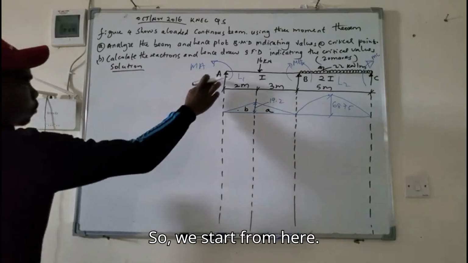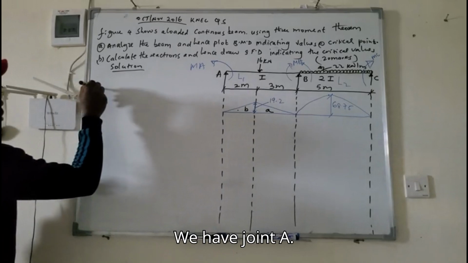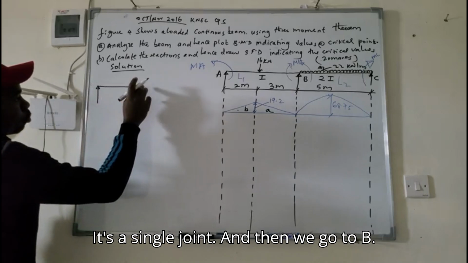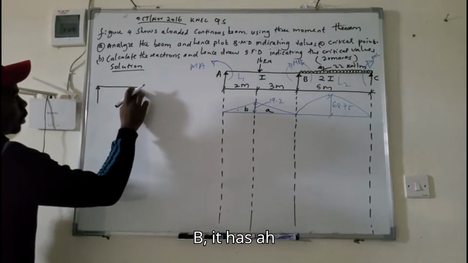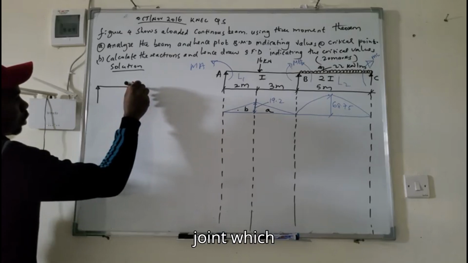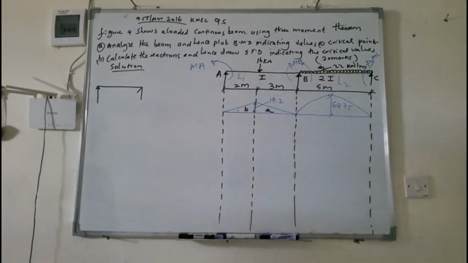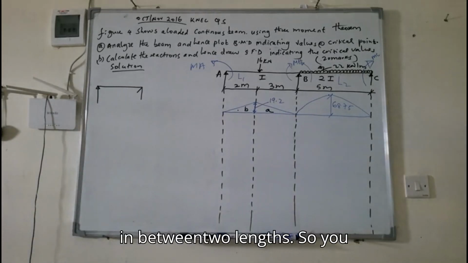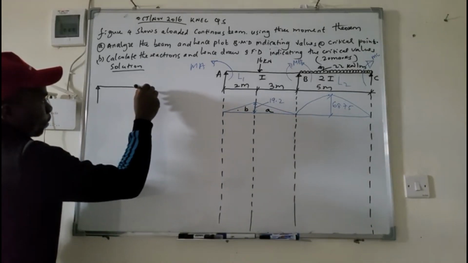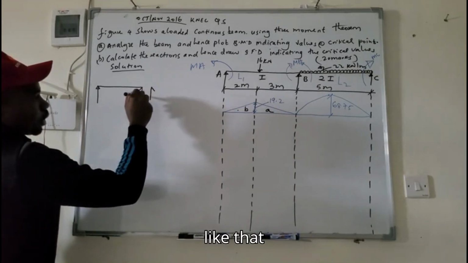We start from here. We have joint A, which is a single joint. And then you go to B, which is a joint in between two lengths, so you will split that one like that.